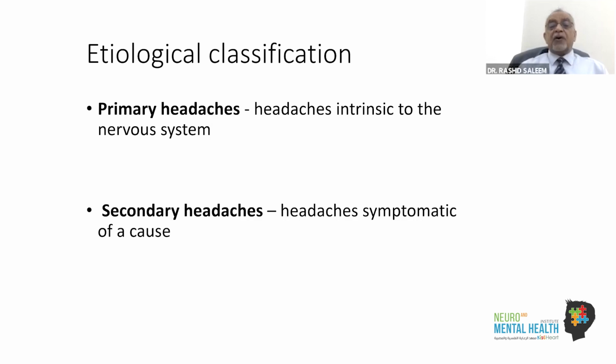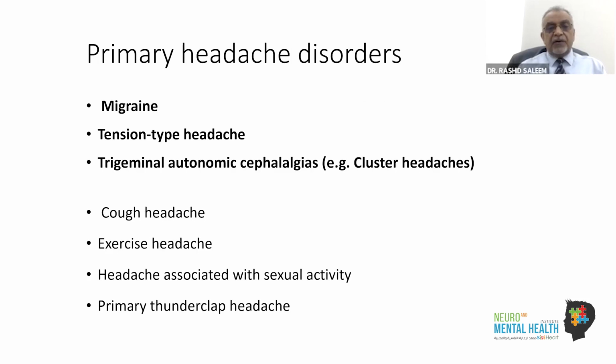Now, broadly speaking, headaches are divided into primary headaches, which means headaches intrinsic to the nervous system or brain, and secondary headaches, which are symptomatic of some other cause. If you look at the list of primary headache disorders, there is a long list, but the first three on the top are the main primary headaches.